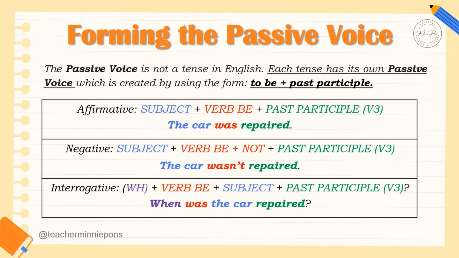For example, the car was repaired. In negative, we have subject plus verb be plus not plus past participle. For example, the car wasn't repaired. And in interrogative, we have the WH word plus the verb be plus subject plus the past participle. For example, when was the car repaired?